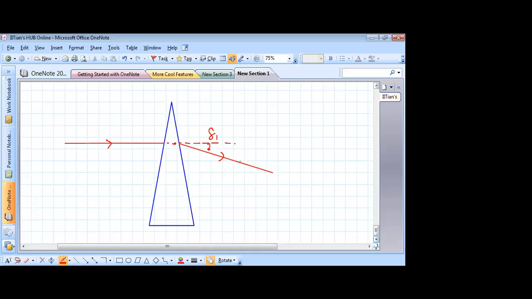Delta 1 like this. In this case, like this.